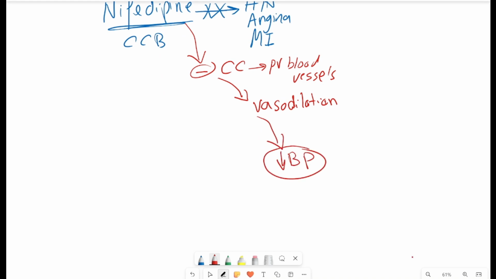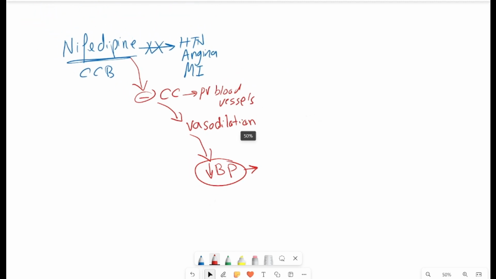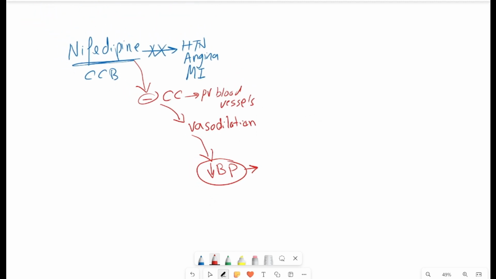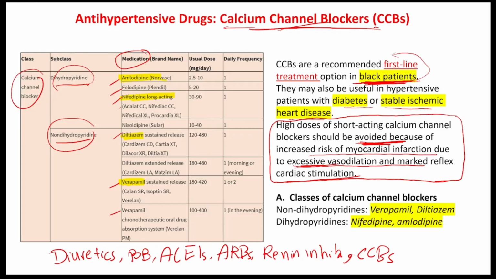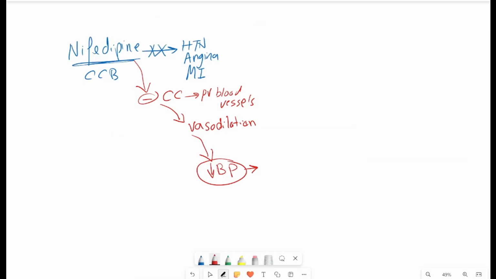If we talk about the compensatory mechanism of hypertension, I will repeat: nifedipine is used for treatment of angina, hypertension, myocardial infarction, and we need to understand how nifedipine works.